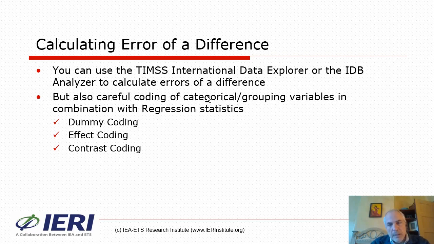The IDB Analyzer automatically calculates differences between the subgroups whenever you compute means or percentages. But also, careful coding of categorical and grouping variables in combination with regression statistics, you would also be able to do significance testing of differences between subgroups or combinations of groups.